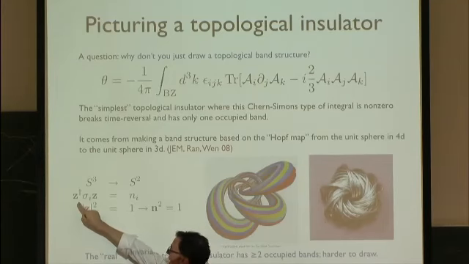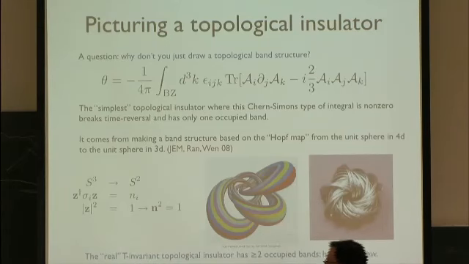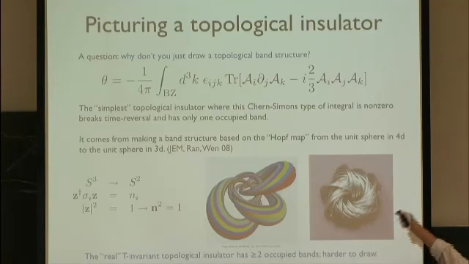It's how you get a normalized 2-component complex spinor to a real unit vector. That's a topologically non-trivial map from S3 to S2. If I took a 2-band band structure with one occupied band and computed the abelian Chern-Simons form, that is now well-defined, as you say, and it actually turns out to be quantized for this particular case, and it computes the Hopf invariant.